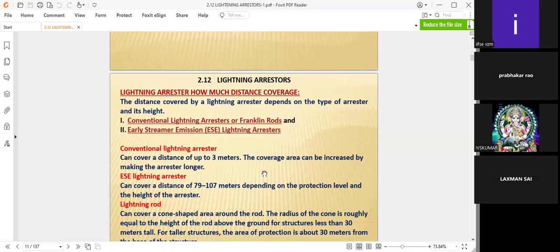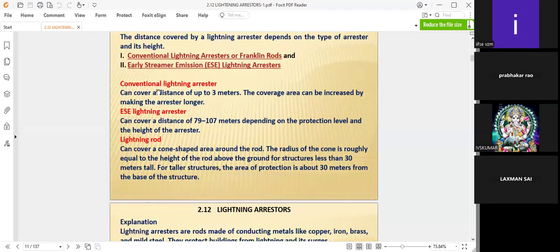Either at the administrative building or at the crusher building, one arrestor would take care of both, because the distance between them is very small. So we have to decide the cover distance, and the number of arresters will be decided by the organization depending on the coverage distance.